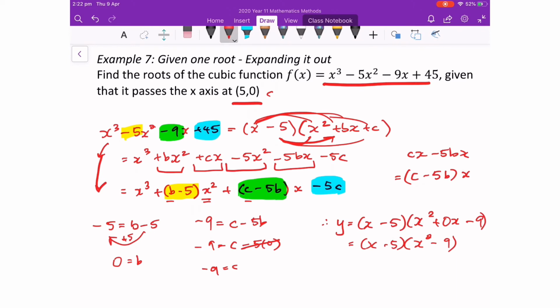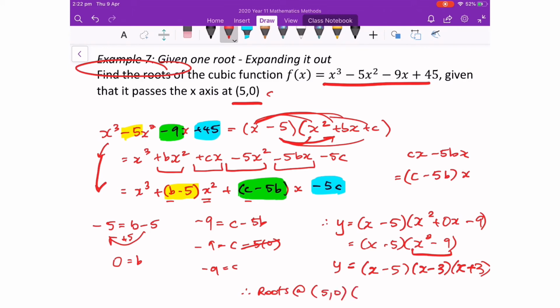So this x squared take 9 is like the difference of perfect squares. So I can write this as (x take 3)(x plus 3). Okay? So I'm asked to find the roots. So therefore my roots are at (5, 0), (3, 0), and (negative 3, 0).